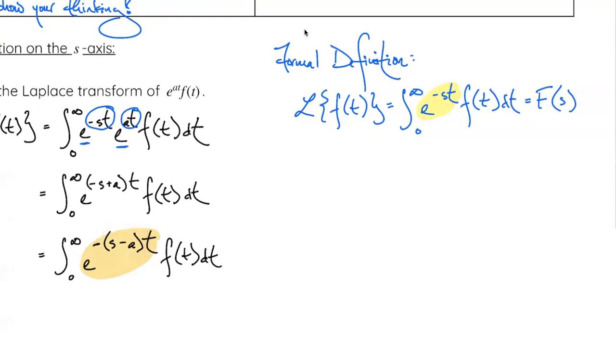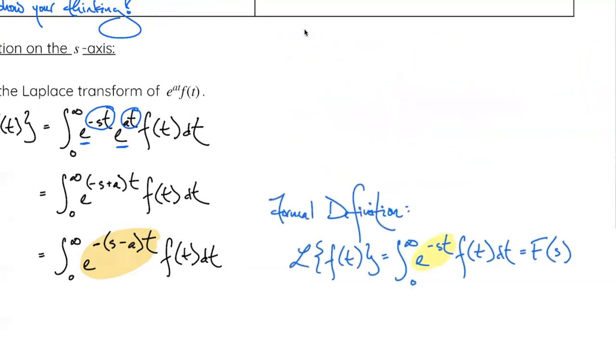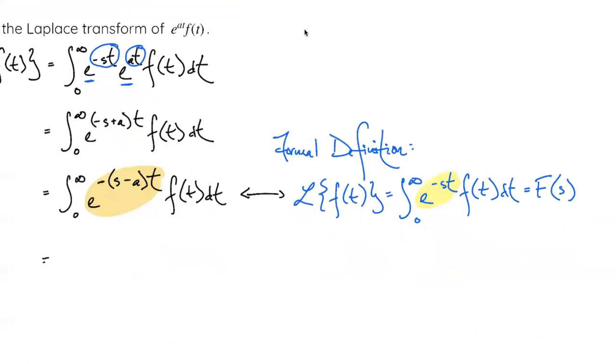And so what that allows us to do is say, hey, this structure is so similar to this formal definition, okay, that it turns out the only thing that's going to be different about our answer is we're not going to have uppercase F of s, but we're going to have uppercase F of s minus a.